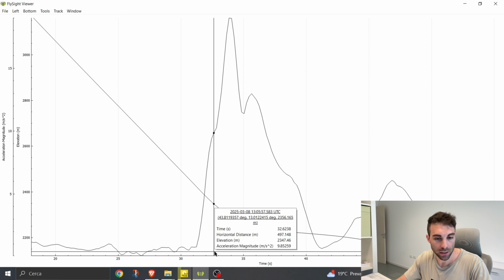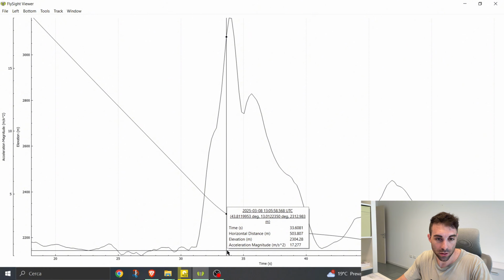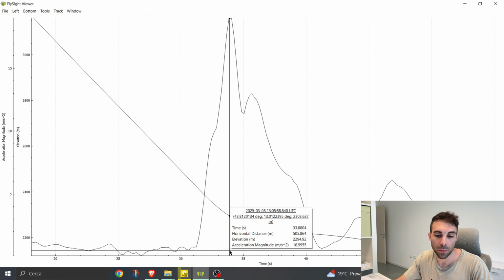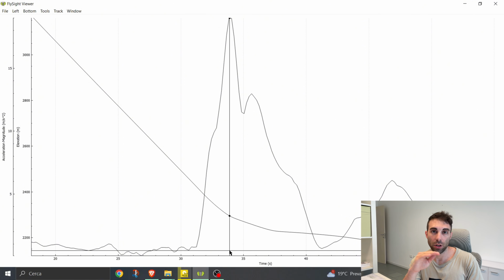And after that, in a very few seconds, we reached 18 meters per second squared. But that number by itself doesn't mean a lot. To understand how many G's I felt during the opening, we have to divide that by the gravity. So you take the peak and you divide it by the gravity, and you will end up with the number of G's during your opening.